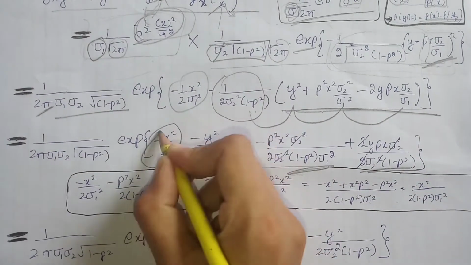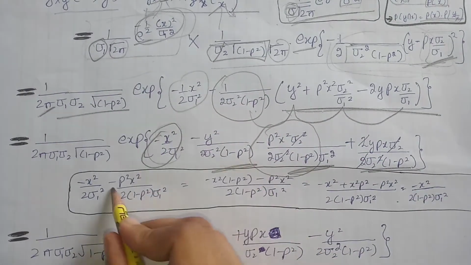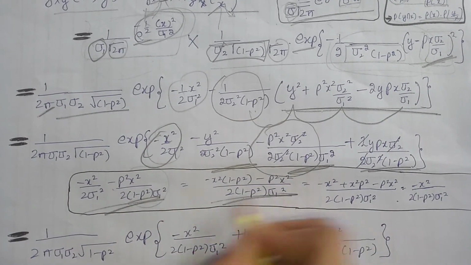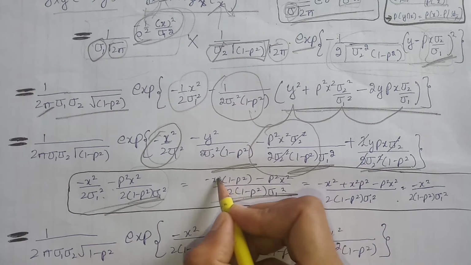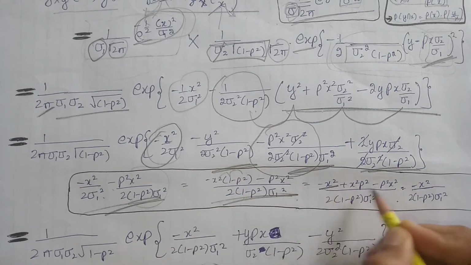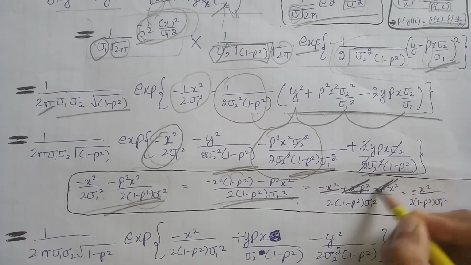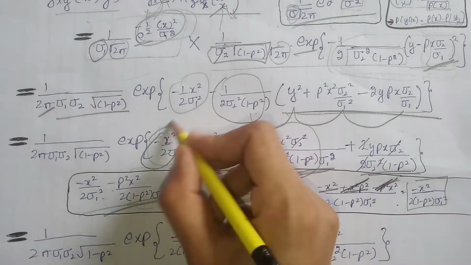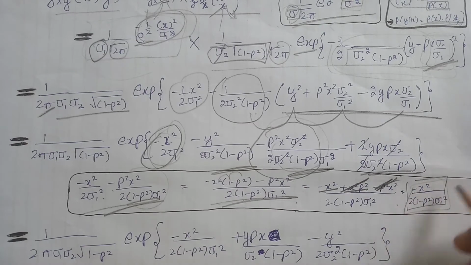Now we want to solve firstly these two terms, that is this term minus this term. Firstly we take the LCM of these two terms, then we multiply minus x square with these two terms to get this answer, and then after cancelling we get this answer. That means now in the place of these two values we just have to write this value.